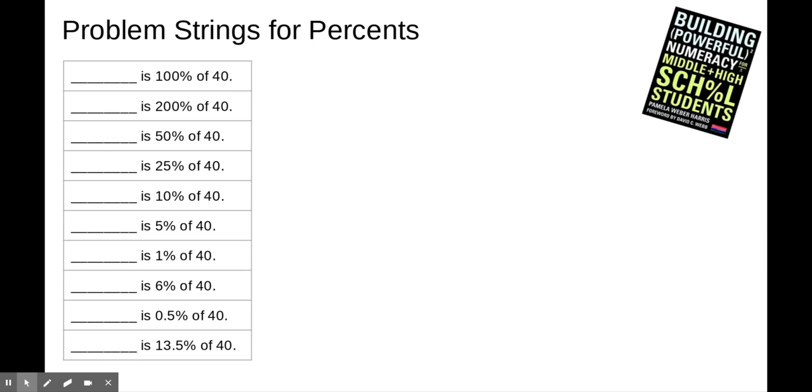Since we're doubling the percentage, we're doubling the number. And you can see as you work down, then you look at 50%, 25%, 10%. So there's some halving going on. So these are ways for students to build numeracy around mental math of percentages. You really want to encourage students to be flexible and try to find clever strategies.